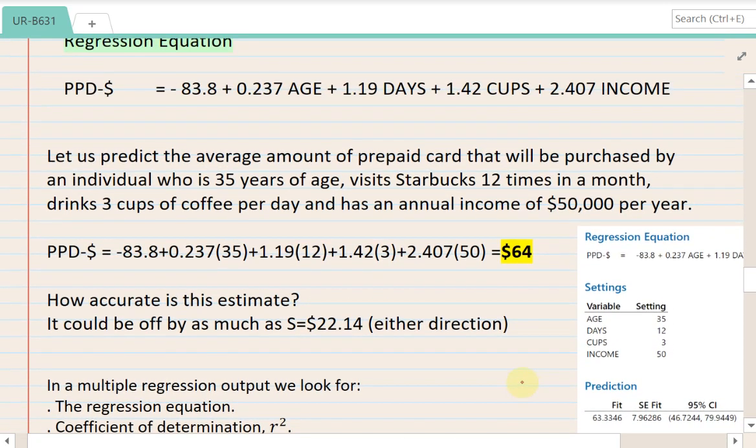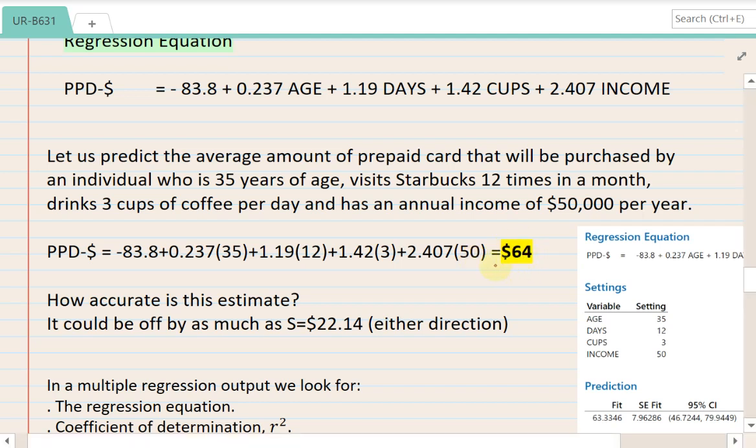What I've done here is I put these numbers into the regression model: 35 years of age, you put 35 up here, 12 goes in here, and 3 cups a day goes here, and $50,000 means 50. Remember, these are coded values for income. Each number is in thousands for the income column. So I rounded it to $64.